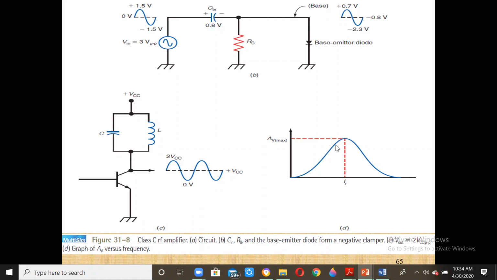And this gives you, really speaking, this should have been very high Q. High Q means it will be like this, frequency response: at very low frequencies and very high frequencies, the output will be nil and the output will be maximum at the center frequency, which will be the resonant frequency FR. Generally we'll call this the resonant frequency FR. So the resistor and the capacitor will act as a clamper.